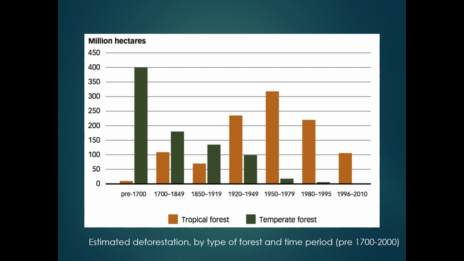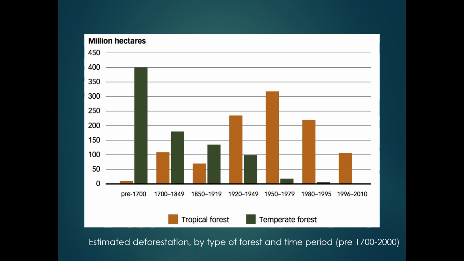And then gradually we see a shift to a focus on wood extraction and deforestation from tropical forests. If we start pre-1790, you can see that we're looking at massive amounts of deforestation.